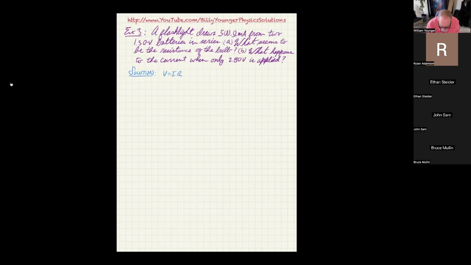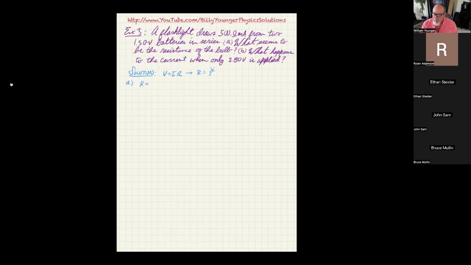V equals IR is what we're working with. And of course, in part A, we're asking to find the resistance. So I can say R is equal to V over I, and that'll help me with part A. Notice I tried to pull some trickery here by telling you it's a 1.5 volt battery, but there are 2 of them in series.